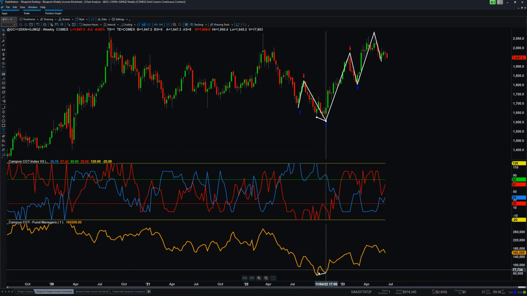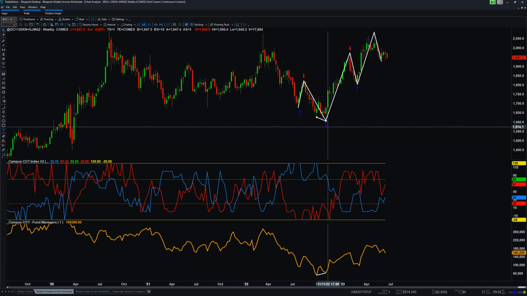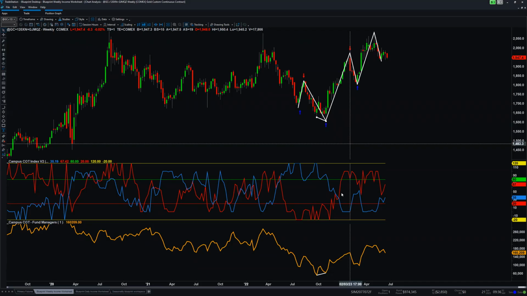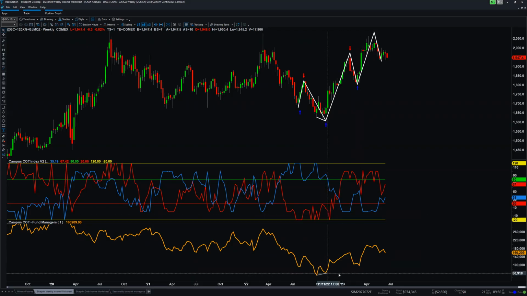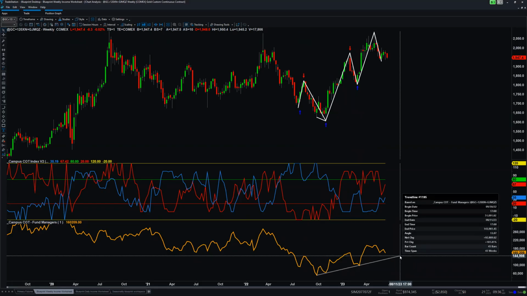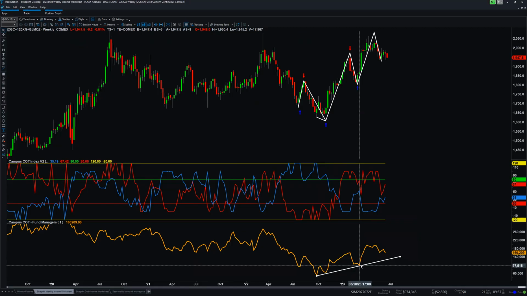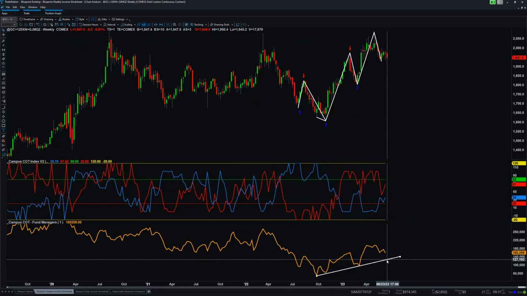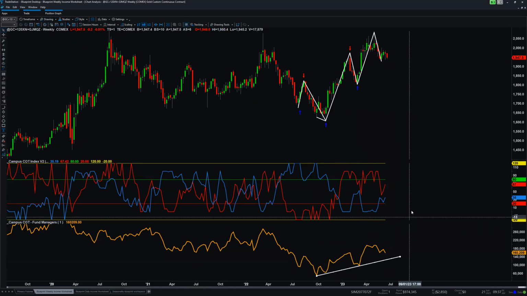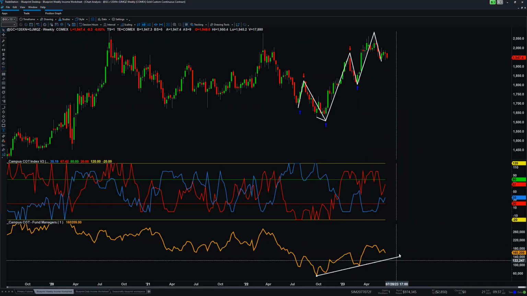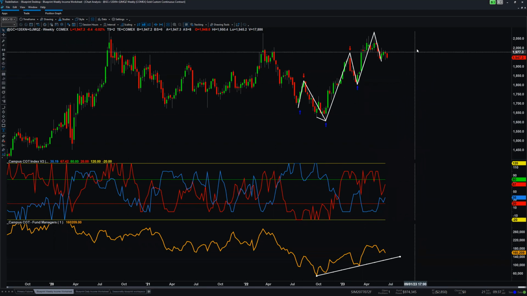And so this divergence was kind of like, hey, the non-commercials are not having it. This is a fake low, potentially a big buy. And now they're holding their lows, and of course that's now shown also within price. As long as these lows are holding here on the way up, we should follow that uptrend, right? We should follow that uptrend.